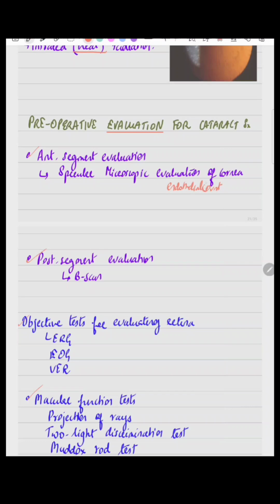The presence or absence of keratic precipitates should be looked for. Then evaluation of lens morphology and maturation of cataract should be done.